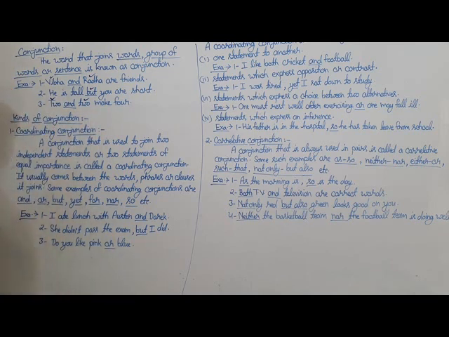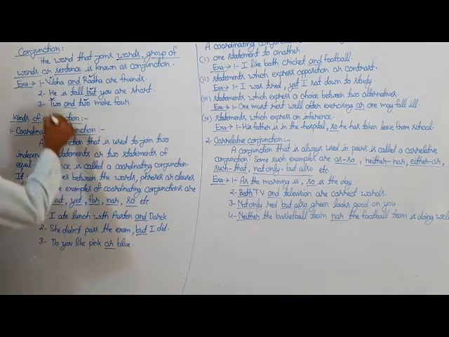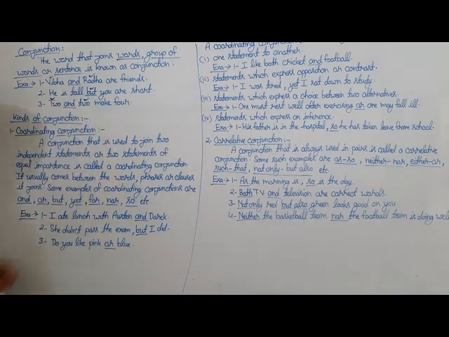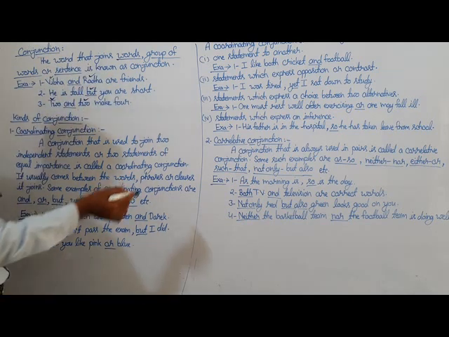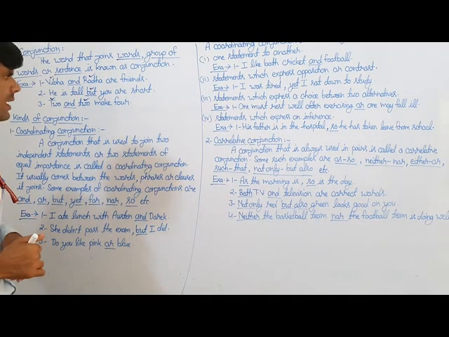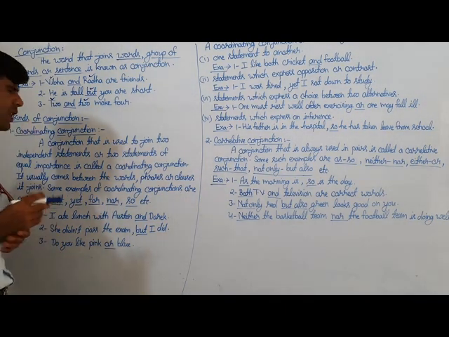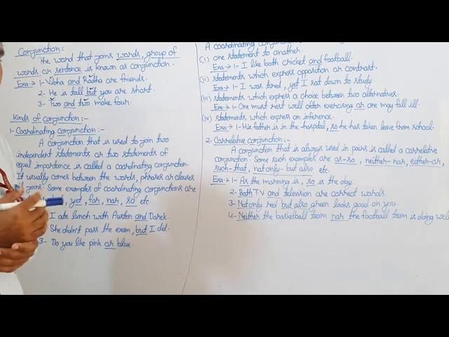In the third example, "and" is the conjunction because it is used to join two words, two and two. So these are the conjunctions who join words, group of words or sentences with each other. And now I am going to tell you how many kinds of conjunctions there are.